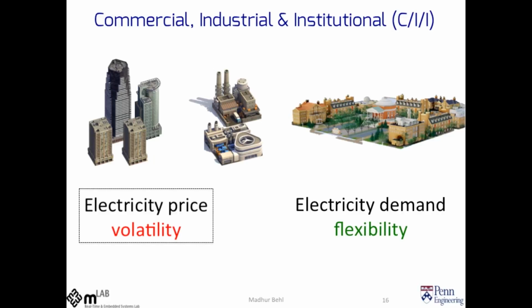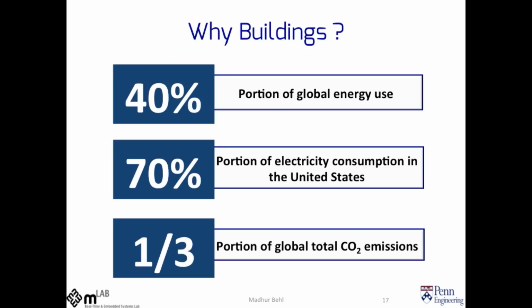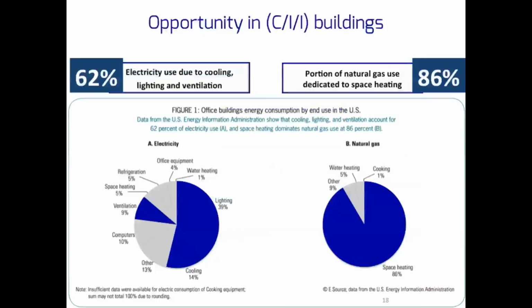And the reason why we focus on buildings alone is because they account for a significant share of carbon emission and global energy use, and specifically, they account for more than 70% of electricity use in the United States. Within buildings, if we take a deeper look at what's going on in these commercial, institutional, and industrial buildings, we find that the majority of both electricity use and natural gas use is attributed to the heating, ventilation, and air conditioning, or HVAC, systems.